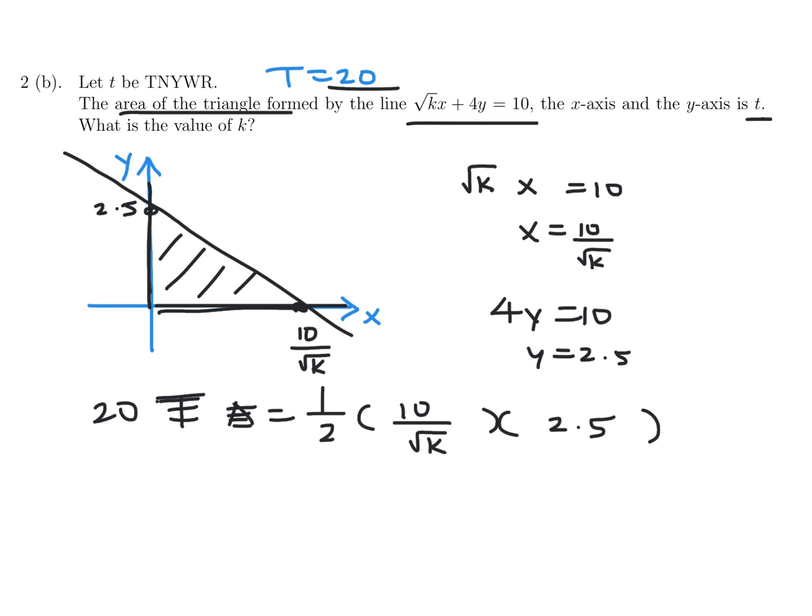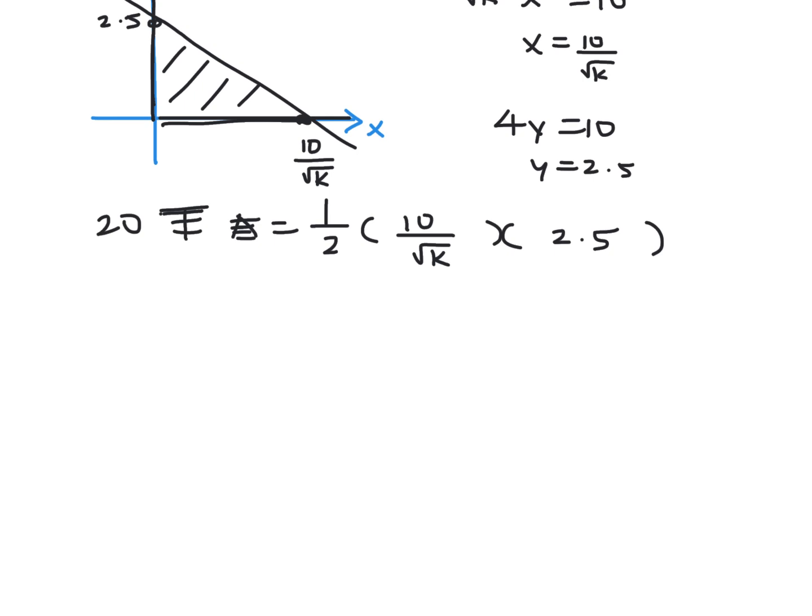Okay, so then that means we only have one variable. Shouldn't be that big of a deal to solve for that. So this is going to be 40 divided by 10 is equal to 2.5 over root k. So that's 4 equals 2.5 over root k. 2.5 is 5 over 2, right?